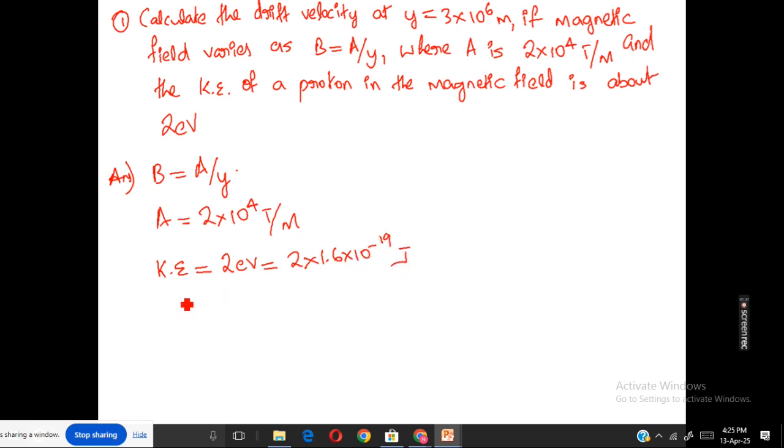We need to calculate the drift velocity, V del B, which is given as m v perpendicular square by 2q B square into dou B by dou y.